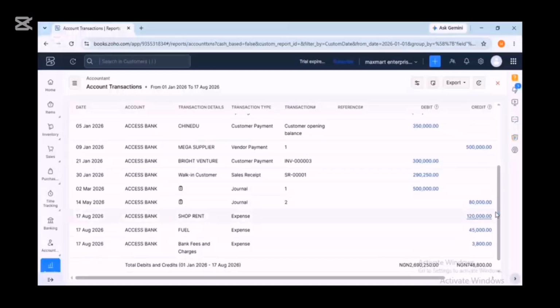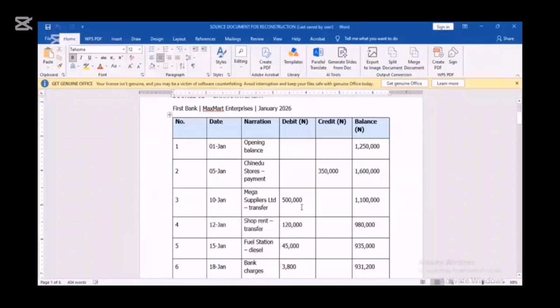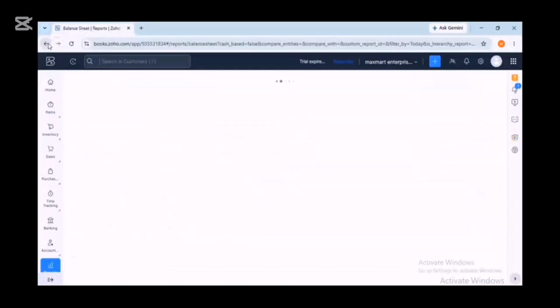So you can notice the debit and credit transactions. Absolutely. So that's that. So you notice this transaction, the rent 120,000. See that?